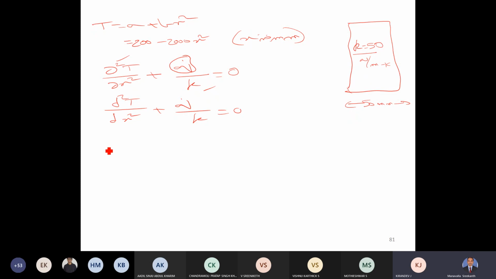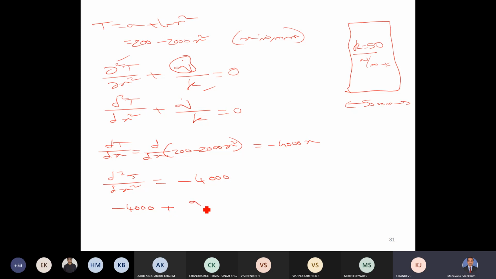Now dT by dx we can evaluate as d by dx of 200 minus 2000 x square, so this will be minus 4000 x. Similarly, d square T by dx square, differentiating once again, is minus 4000. If you substitute this in the equation, you have minus 4000 plus q dot divided by k, which is 50, is equal to 0.